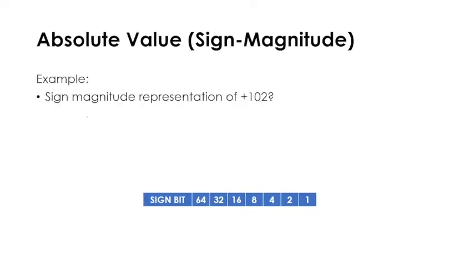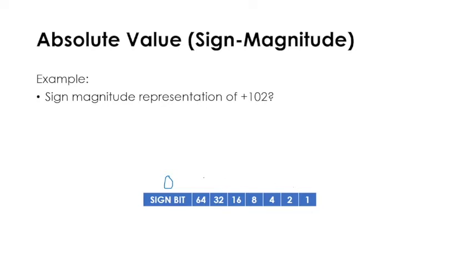What is the sign magnitude representation of positive 102? We know that this is a positive number, so the sign bit will be 0. And to get 102, we need to add 64, 32, 4, and 2.